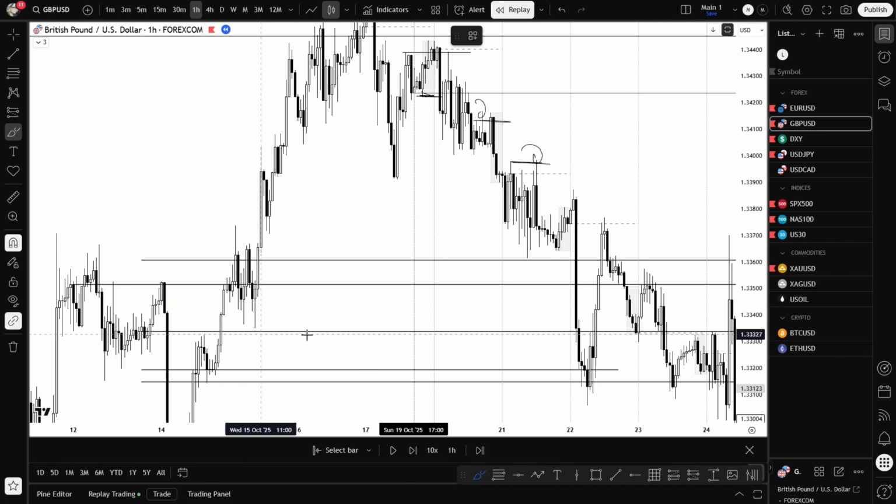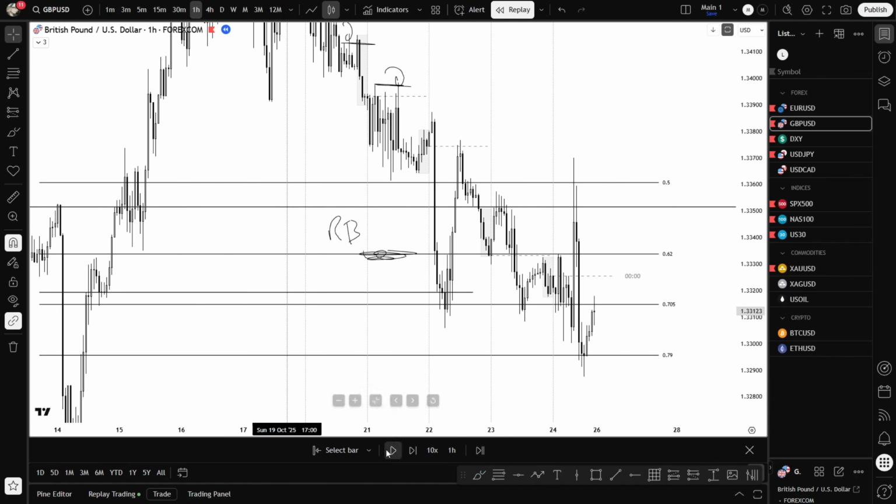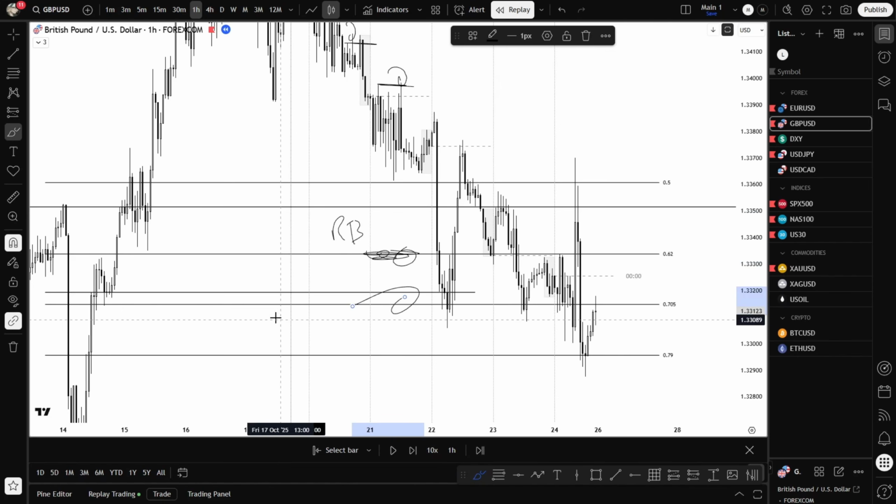So first of all, the opening price, the RB, sorry, the RB, this level here. We have the 62%, we have the 72, we have the rejection block of the daily, right?